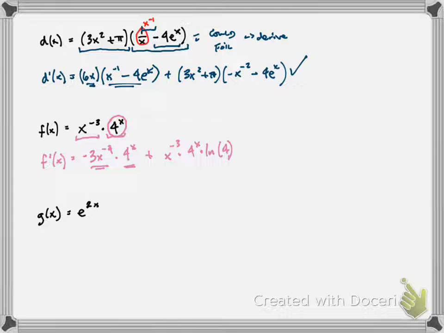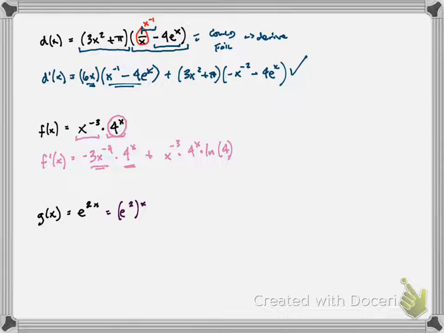g of x is e to the 2x. Well, we can think of this as e squared to the x. Okay, e to the 2x is the same as e squared to the x. A couple different ways you could think about this.